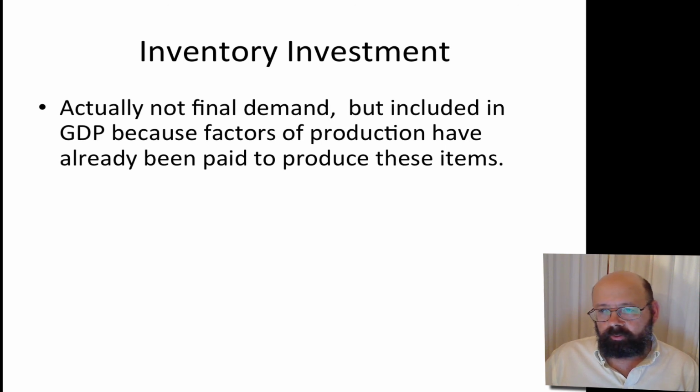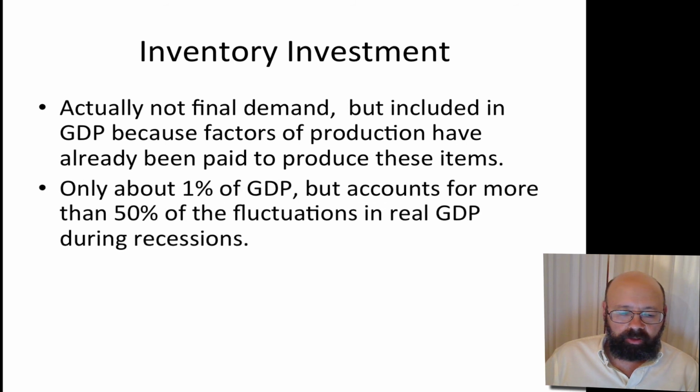So we need a catch-all for all these items that are produced but not yet sold, and we call that inventory investment. Again, that's the change in your stock of inventories over time. It turns out that inventory investment makes up about 1% of GDP, but accounts for more than 50% of the fluctuations in real GDP during recessions.